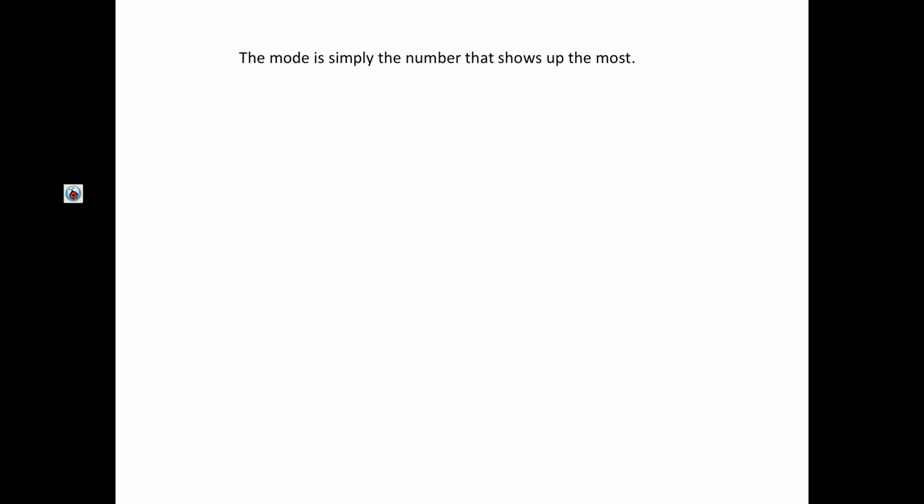Next is a very simple one. The mode is the number that shows up the most. This would be useful in something like, let's say at the end of the semester, you're rating an instructor, and the form says, on a scale of 1 to 10, with 10 being the best, what would you give this instructor? So if the number 1 showed up a bunch, then that's something that people would want to know.